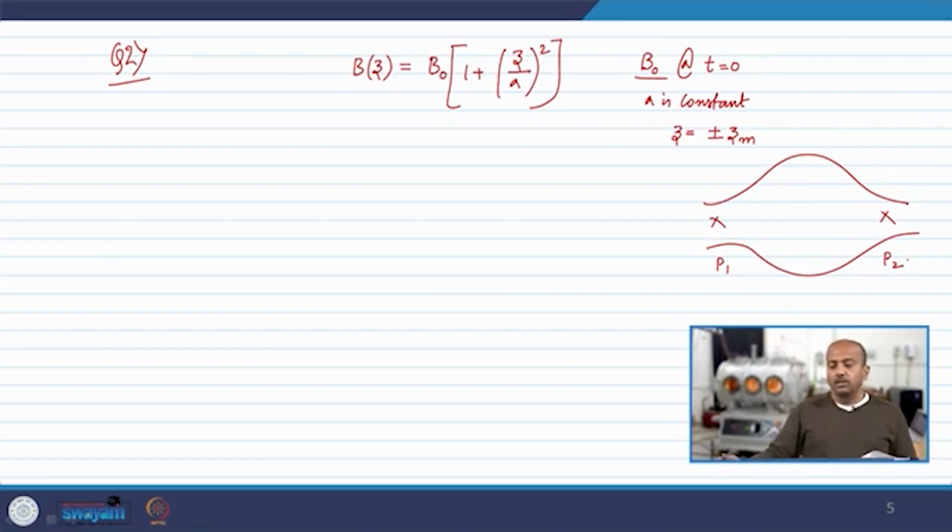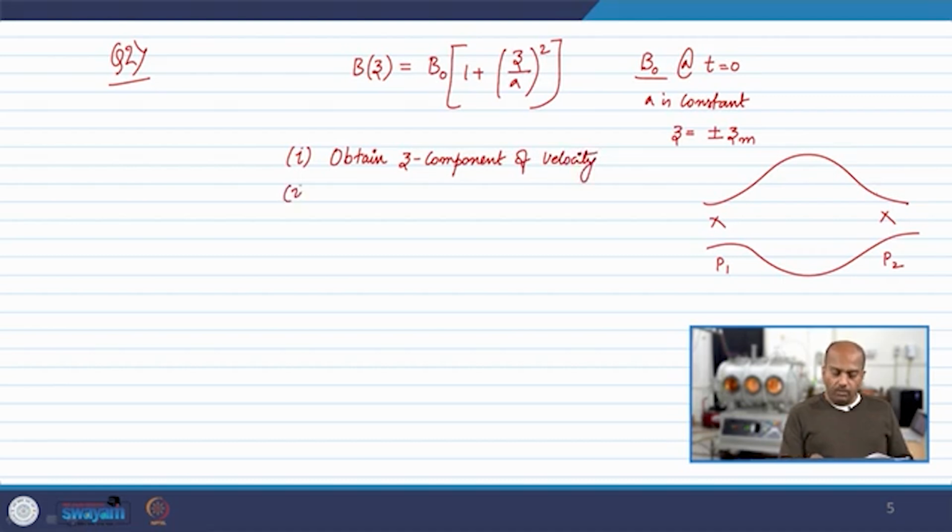So, this is given. When you have been given this type of configuration, what you are expected to find out or solve for is, let us imagine a particle that is trapped in this particular magnetic field. We have to obtain the z component of velocity.